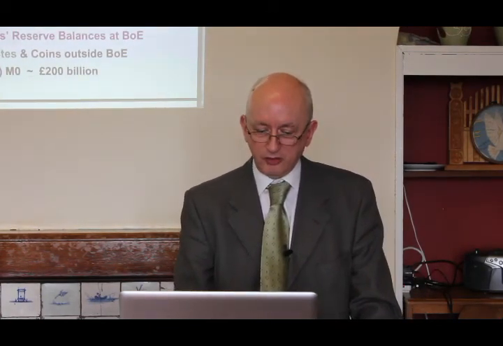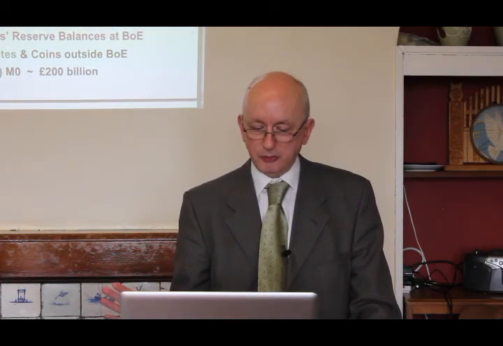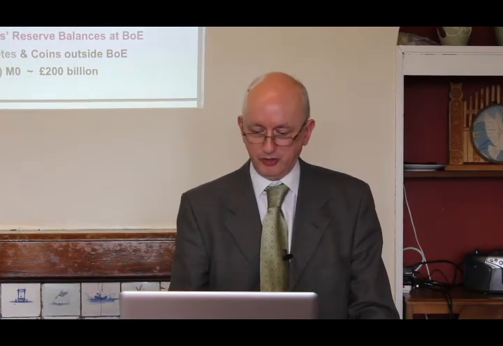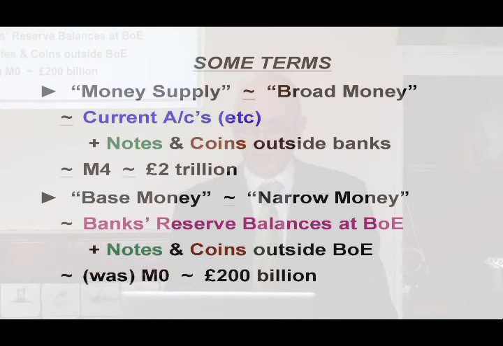And that is known as M0, but the Bank of England seems to have stopped using the term M0 because of certain changes that happened a few years ago. It's now somewhere around 200 billion, I think, about 60 billion notes and coins and the rest in the reserve balances. It used to be much smaller in the reserve balances, but the system changed a few years ago, and then with quantitative easing, that's increased that amount of money.